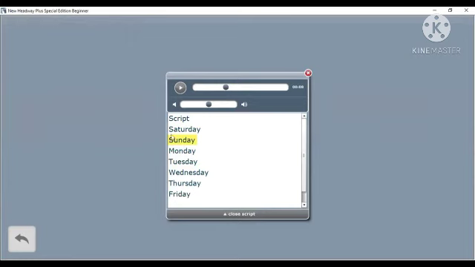طبعا ما ننسى إنه الدايز بما إنها أسماء الأسماء دائما تبدأ بكابيتال letter. أوكي. Monday and Tuesday and Wednesday and Thursday and Friday. طبعا Monday اختصارها MON full stop. Tuesday TUES full stop.